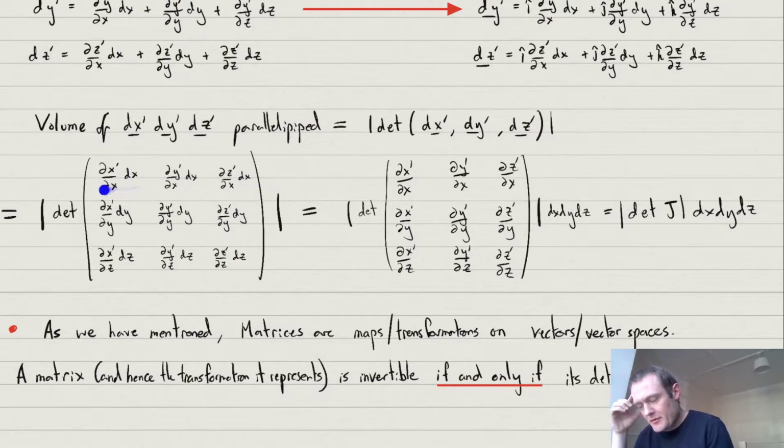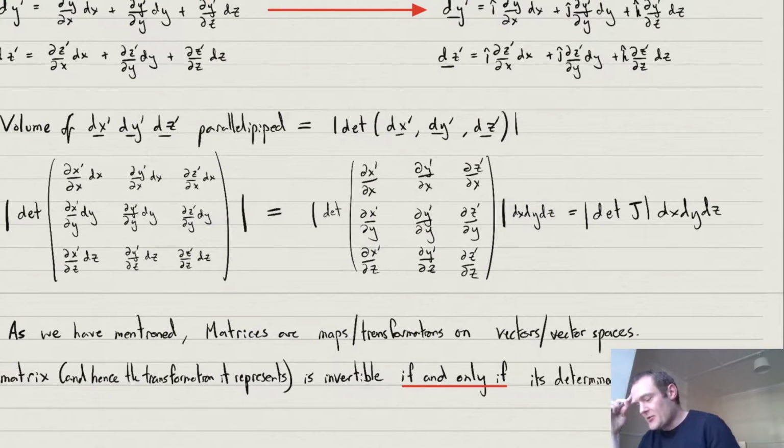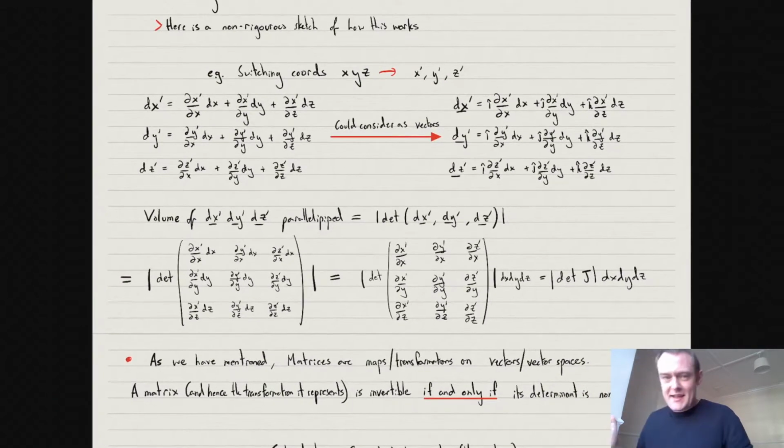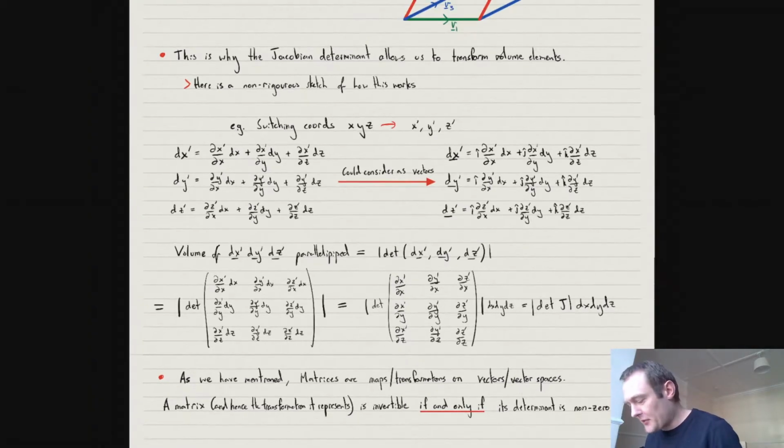So this row has a common factor of a dx, this one has a dy, and this one has a dz, which you can take out. And so we effectively just end up with the absolute value of the Jacobian determinant times dx, dy, dz. Again, this is a non-rigorous sketch, but this is roughly speaking where that all comes from.